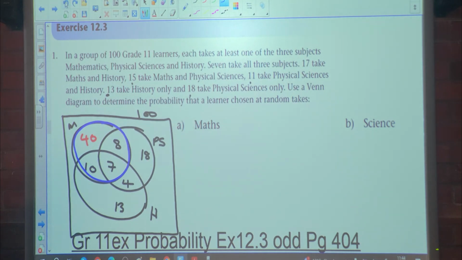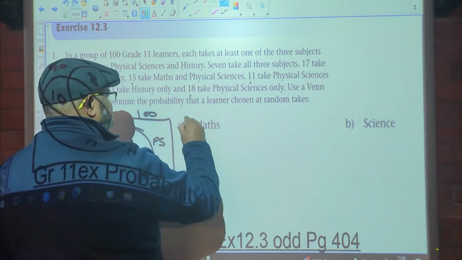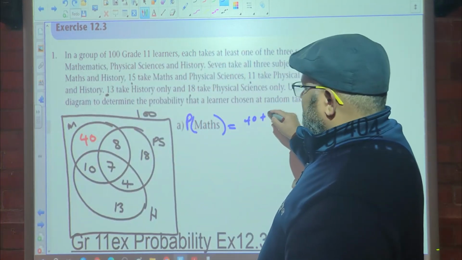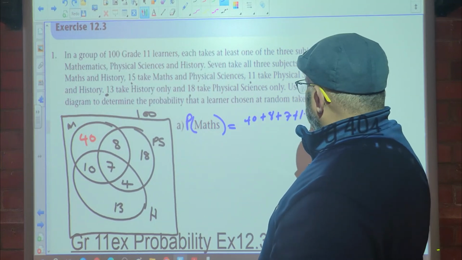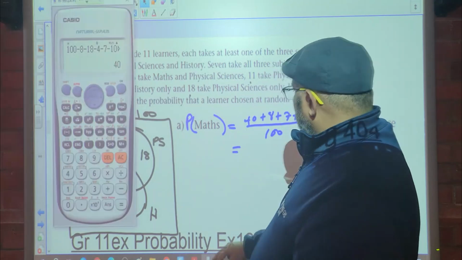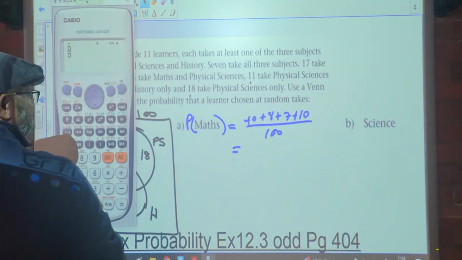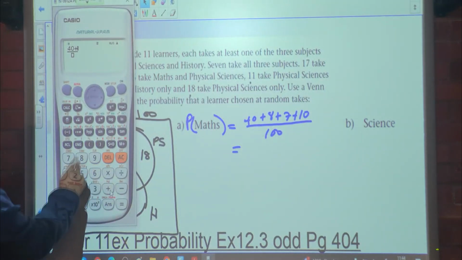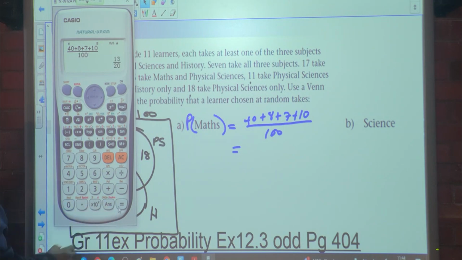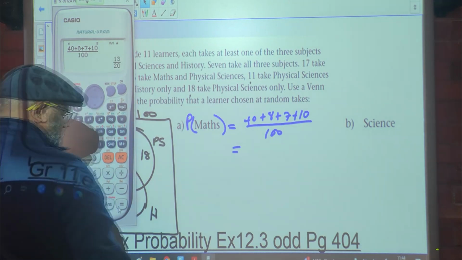So the probability of mathematics will simply be 40 plus 8 plus 7 plus 10, and that is all over 100. And so we always simplify the probability. So it's 40 plus 8 plus 7 plus 10 over 100, which is 13 over 20.